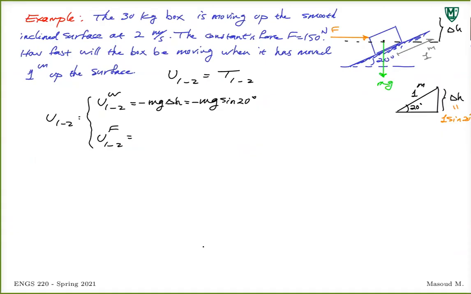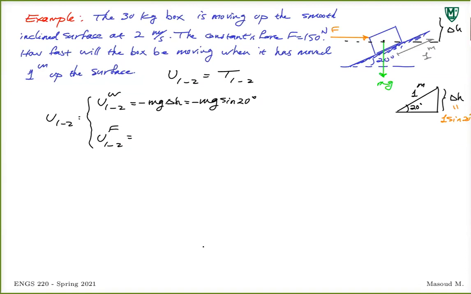I'm emphasizing this because later on when we move the parameters to the other side, you'll see this positive when we have only conservative forces. This form, U from 1 to 2 is equal to T from 1 to 2. If the height is increasing, your final expression should be negative, which it is.